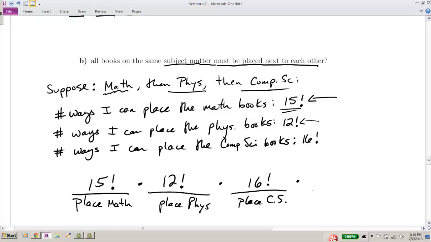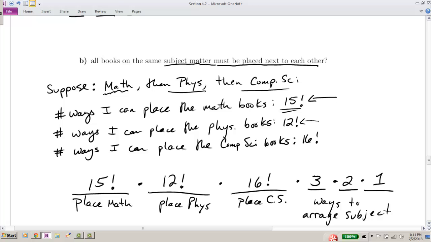And so how many different ways can I arrange the subjects? Well, when I pick my first subject, which subject is going to go first? 3 subjects to choose from. Once I pick that, only 2 subjects left to choose from, followed by, if I only have 1 subject left, then that's not much of a choice.